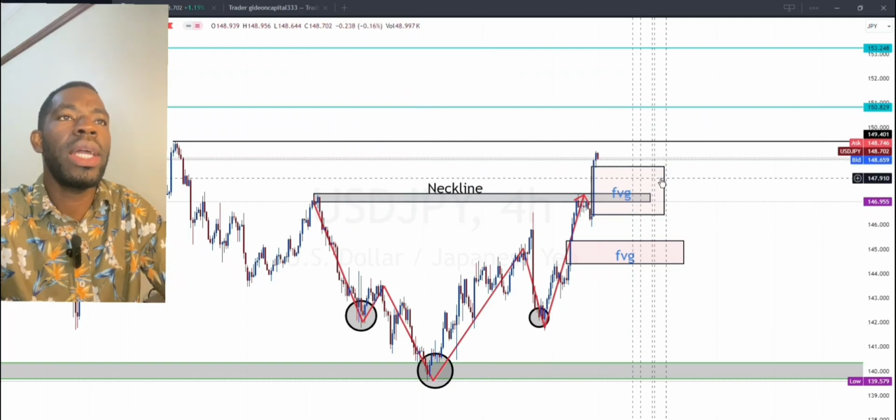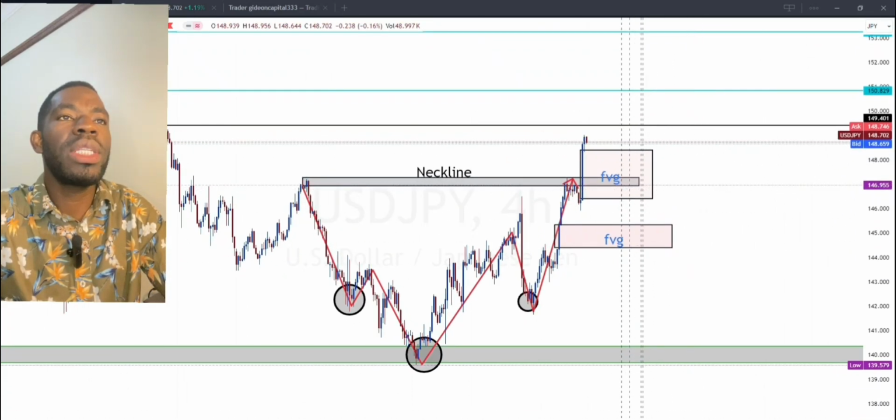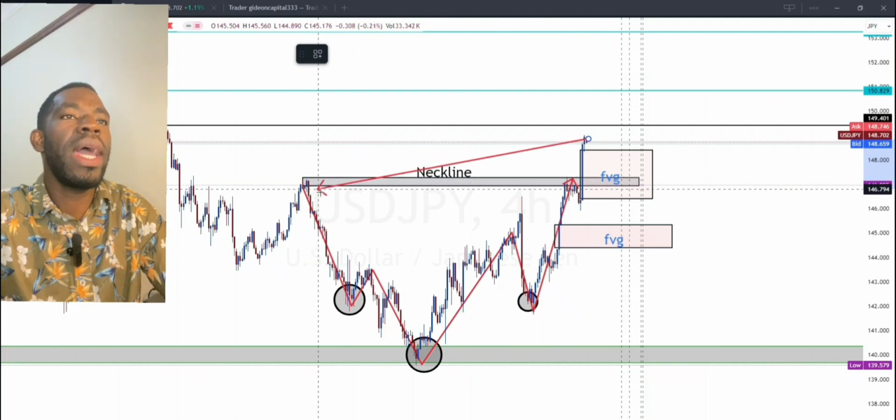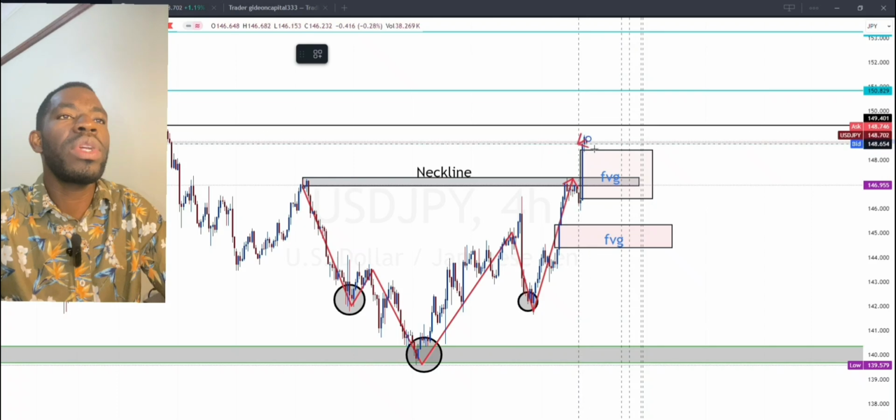So price is most likely to return to mitigate this and retest these previous highs over here, because it has now broken this previous price and it has formed a new price up here. We are anticipating that price will return to retest this previous resistance, which has turned into support, before going up here to these highs.